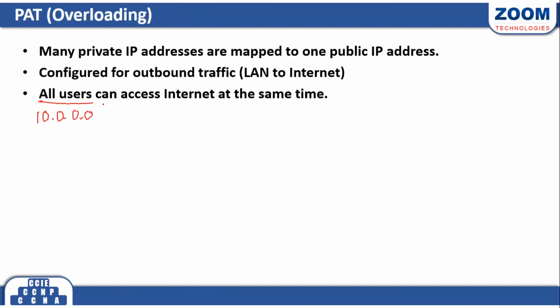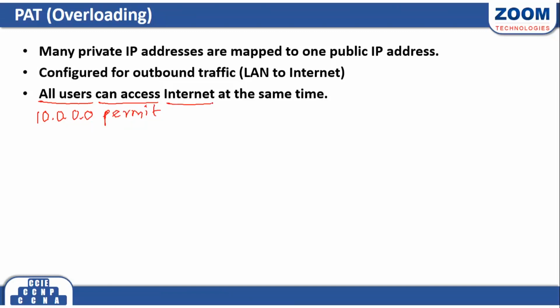Can access. Can access means is it a permit rule or a deny rule? Permit. Permit for what? Permit for internet. Internet means limited services or all services? All services.